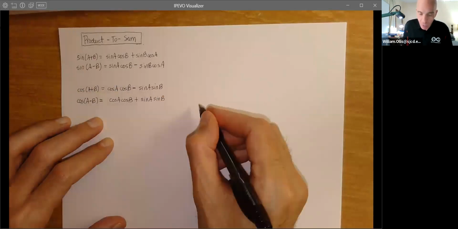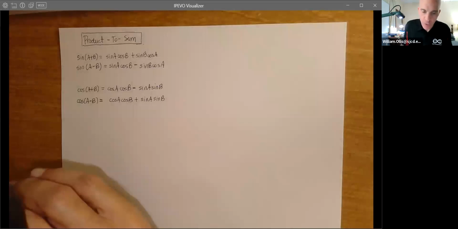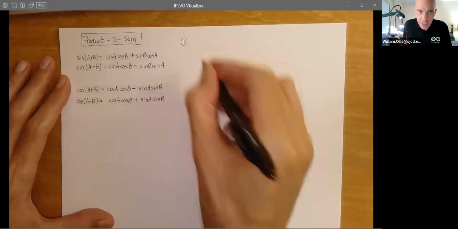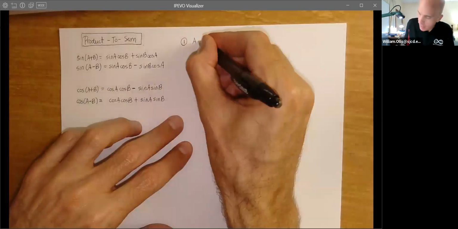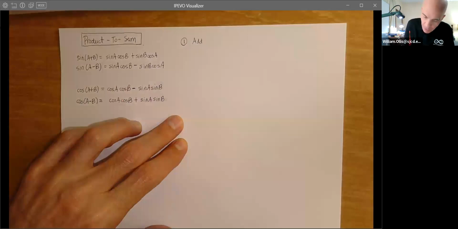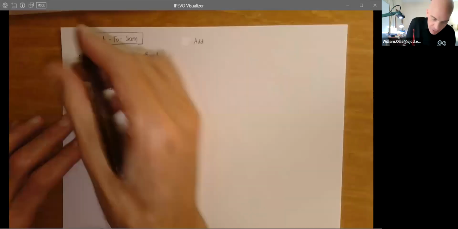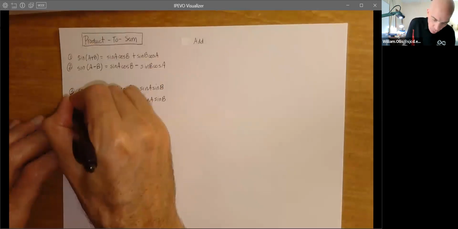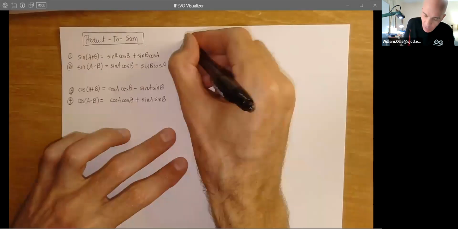Okay, so what do we want to do with these? We want to add and subtract them. Okay, so our first one right up here, I want to add these two equations. So I want you to add. Let me use Roman numerals here. And I'll call this 1, 2, 3, 4. Now some of this will seem redundant, but I want to give you all the formulas.